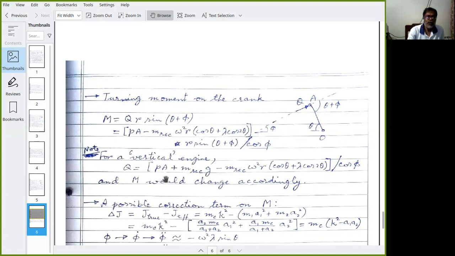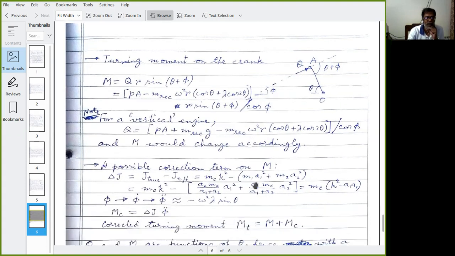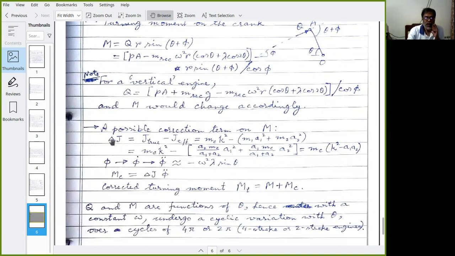Now, we may like to apply a correction term on M based on that third equation. So what is the error in the moment of inertia that we were tolerating till now?